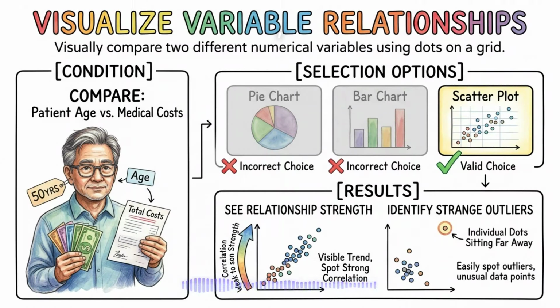By looking at how closely the dots cluster together in a line, you can instantly see if a strong relationship exists between patient age and total medical costs. Scatter plots are incredibly powerful for identifying strange outliers, which are individual dots that sit far away from the normal group pattern.